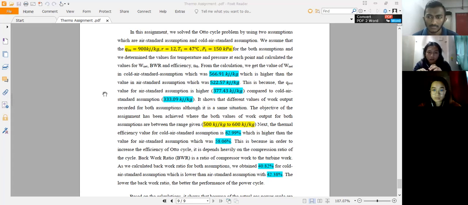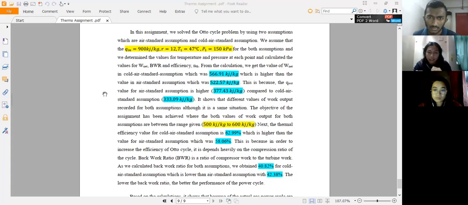For cold air standard assumption, it is assumed that k is equal to 1.4, while for air standard assumption, k is not equal to 1.4, thus the solution must be done by using the ideal gas properties of air. From the solution, the air standard assumption is a complex method in order to find all the needed values. Meanwhile, for cold air standard assumption, it shows simple steps to solve the problem.